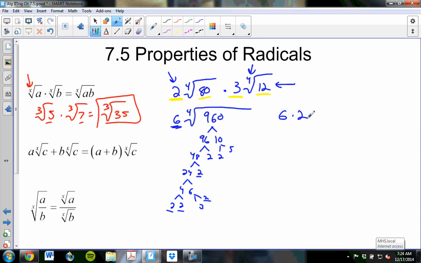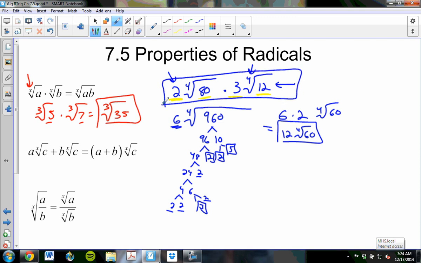And then this 3, this 2, this 2, and this 5 stay behind. So it's 3, 6, 12, 60. So it's 12 times the fourth root of 60. That is how this original problem simplifies.